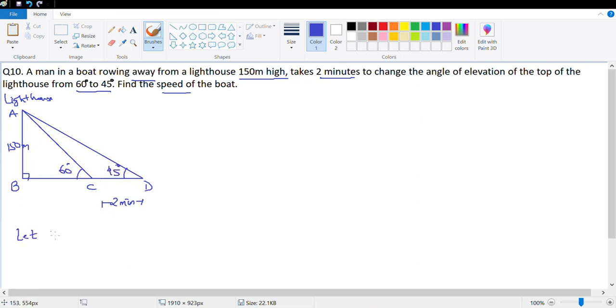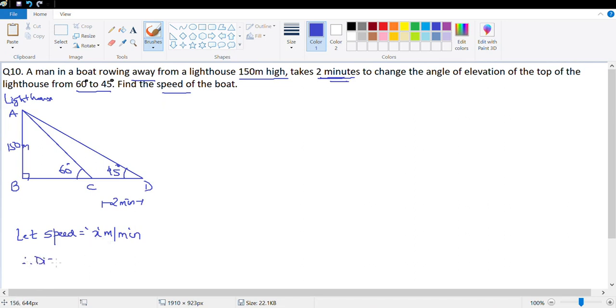Again, let speed be x meter per minute. Do I have to calculate in meter per second, anything like that given? No, so I will take this in meter per minute only. My life will become easier. I don't have to calculate in seconds. So let the speed be x meter per minute.